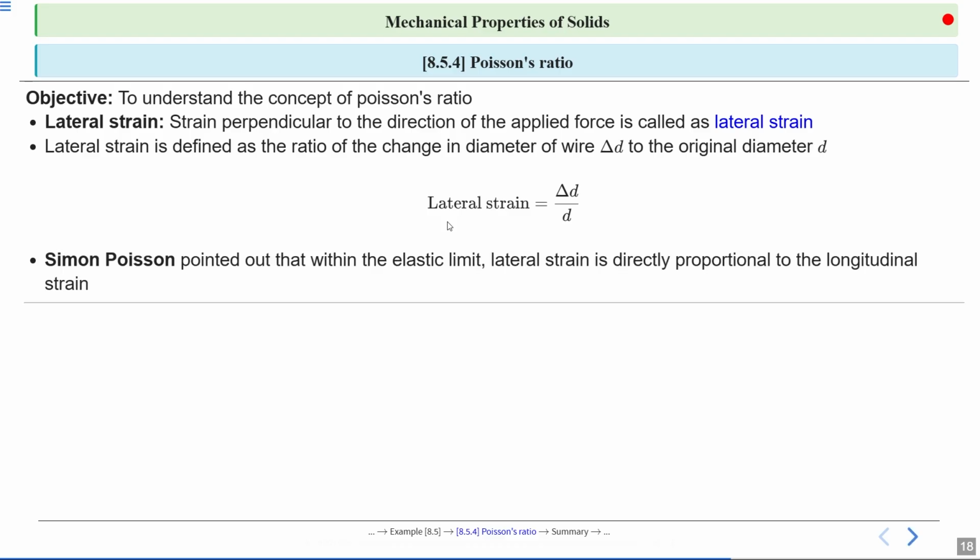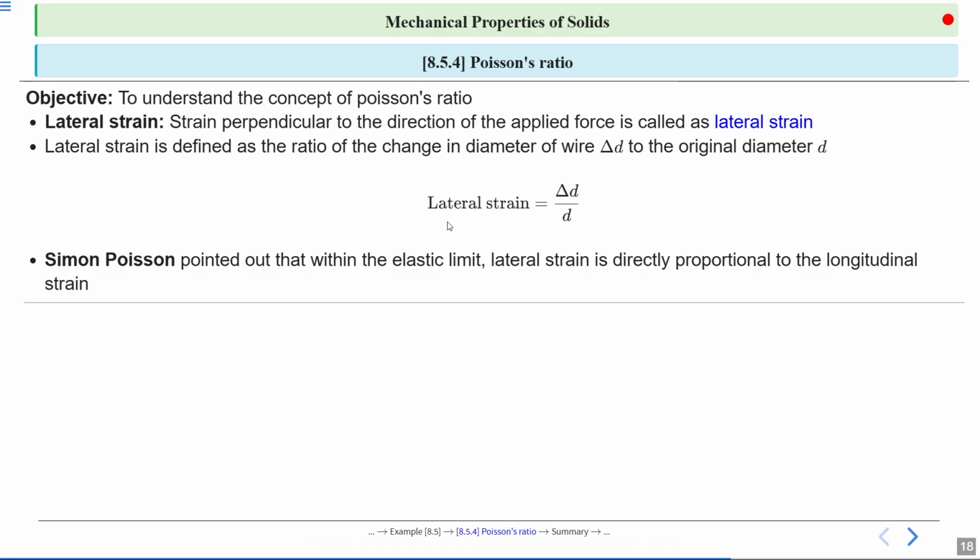Simpson-Poisson discovered that within the elastic limit of a material, the lateral strain is directly proportional to the longitudinal strain. This means that as you stretch a material more, it gets thinner at a predictable rate.